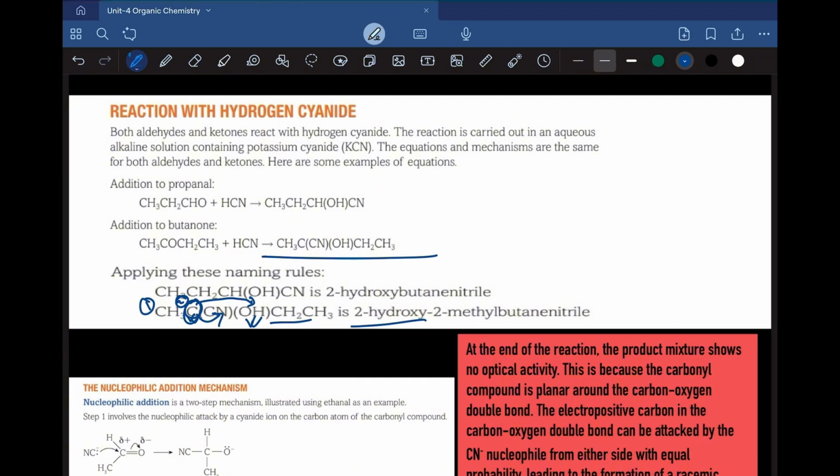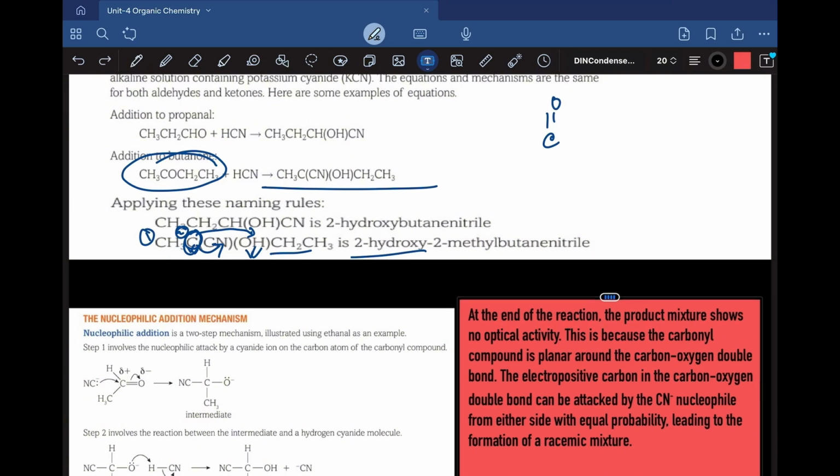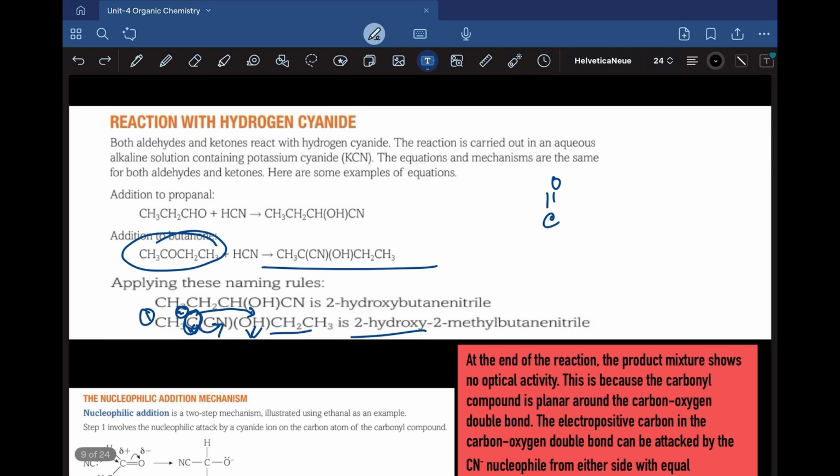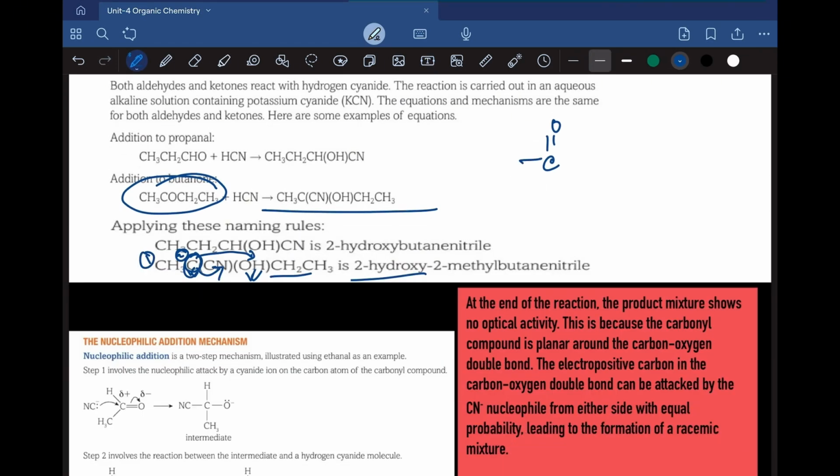It will be C double bond O, and then it will be, sorry, my bad, it will be CH3, another CH3, and here another CH2.